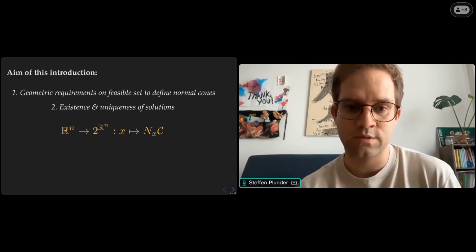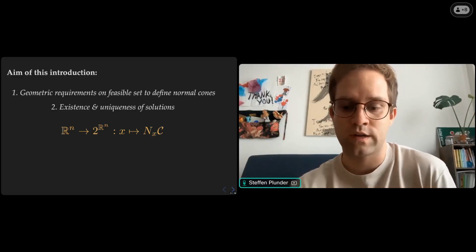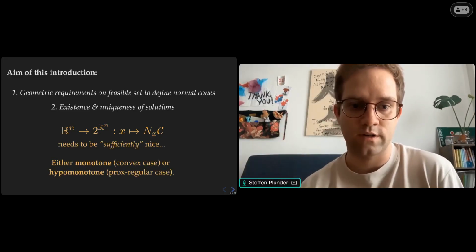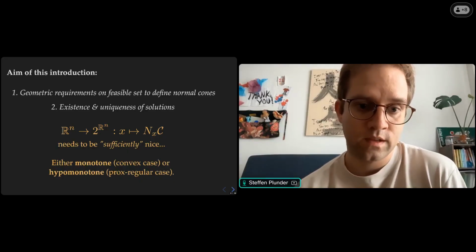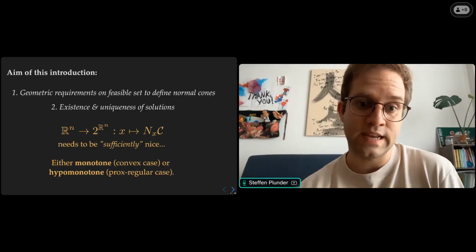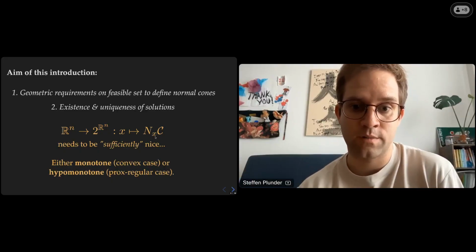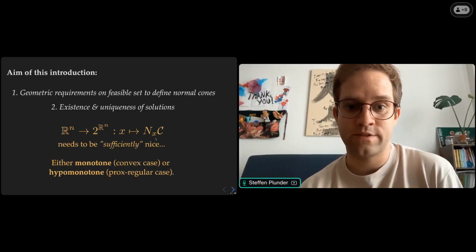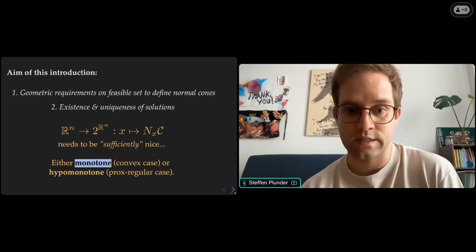I will not go into much theory, but just show one example so that you know how to work with such systems. Basically the map between X and the map towards the normal cone needs to be sufficiently nice, and it needs to be monotone or hypomonotone.